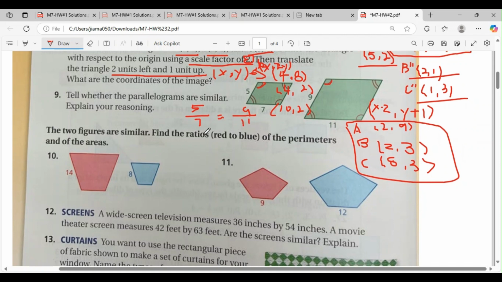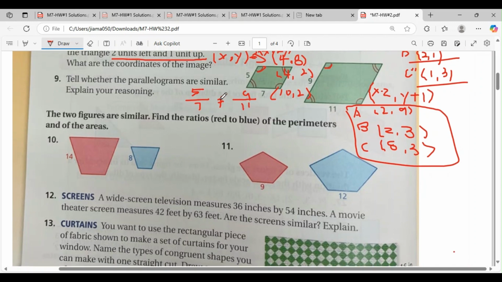After you write this equation, we can find that they are not equal to each other. Which means they are not similar.